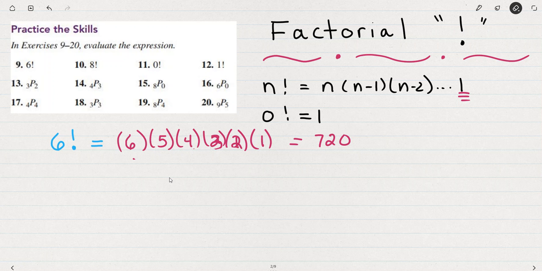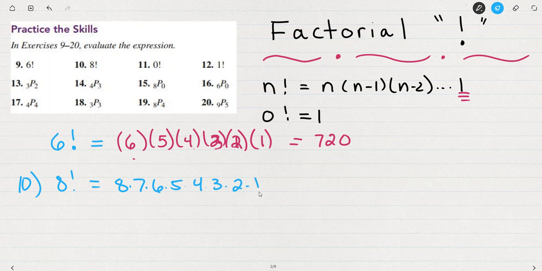Let's try number 10. Number 10 here is 8 factorial. It's just 8 times 7 times 6 times 5 times 4 times 3 times 2 times 1. I'm going to group this 5 and 2 together to get a 10. 8 times 7 is 56. 6 times 4 is 24 times 3.